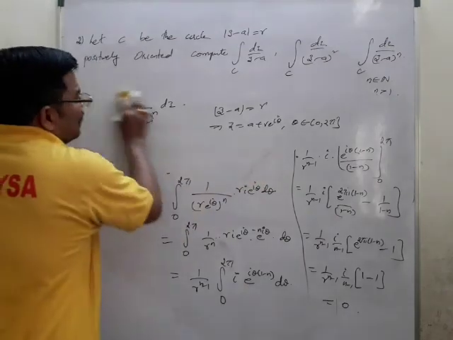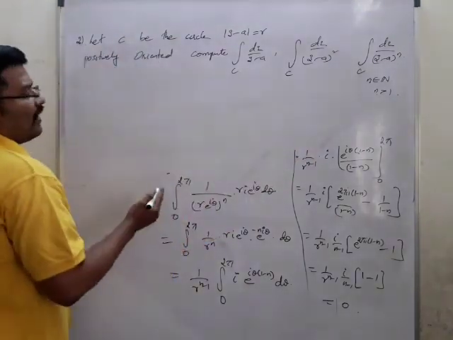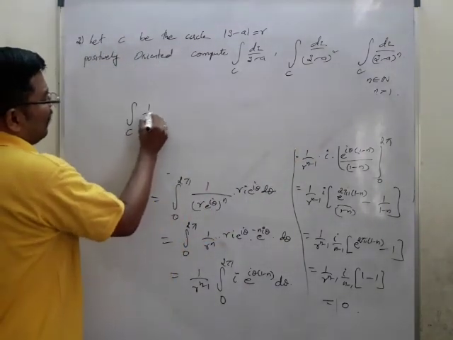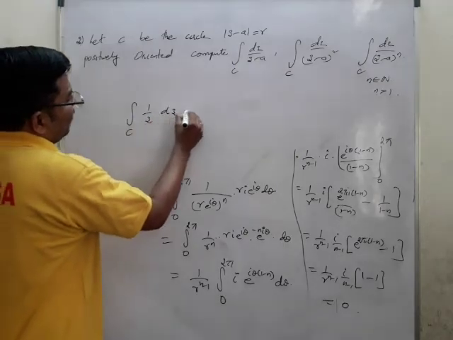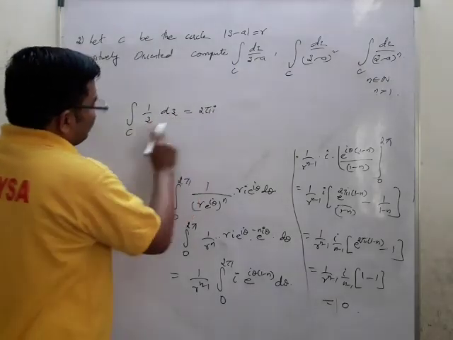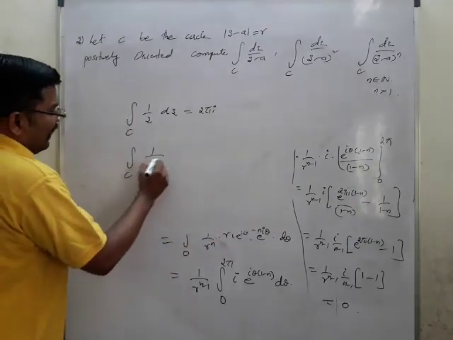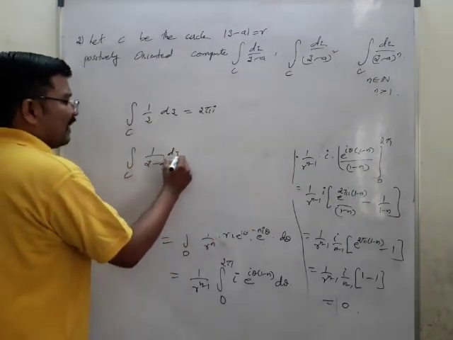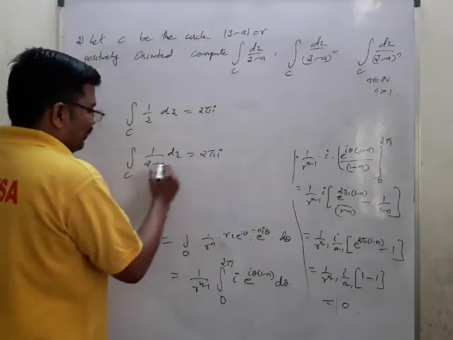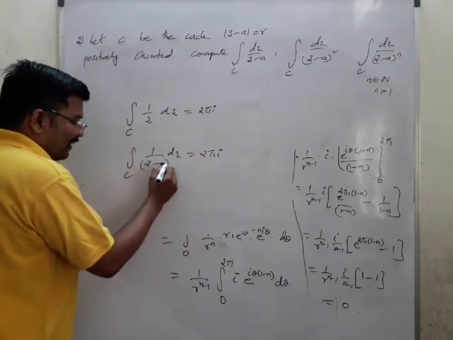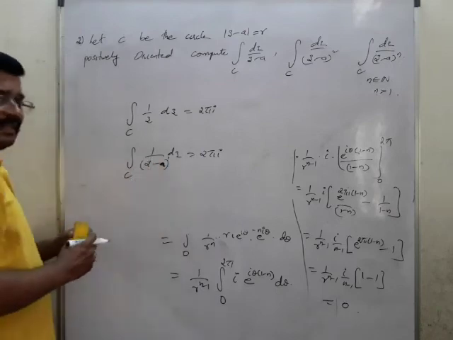So the conclusion we got is that the integral over C of 1 by z dz is equal to 2 pi i, with center a. And the integral over C of 1 by (z minus a) dz is also equal to 2 pi i. You can understand here that n is nothing but 1.